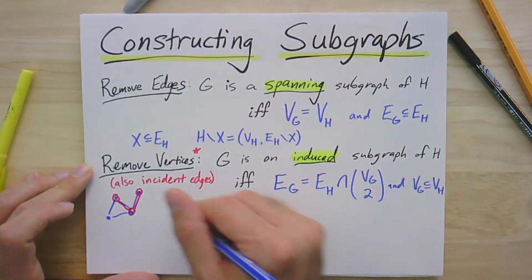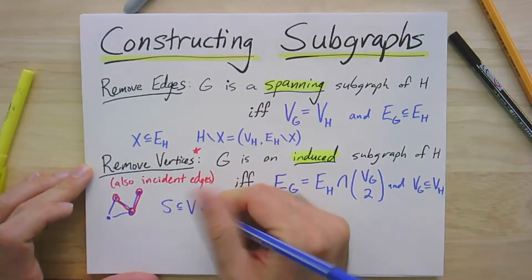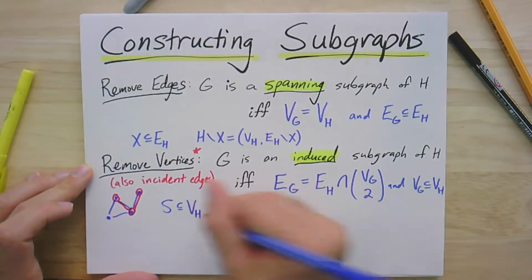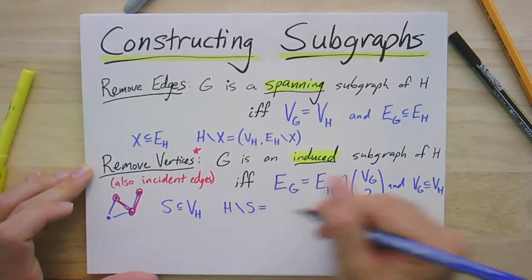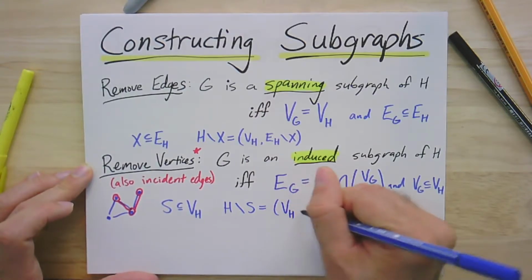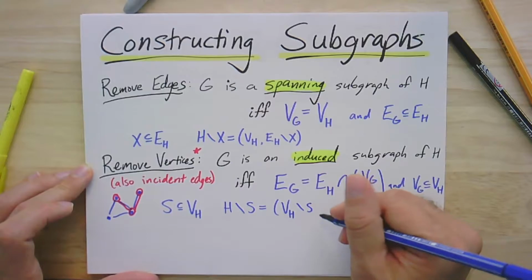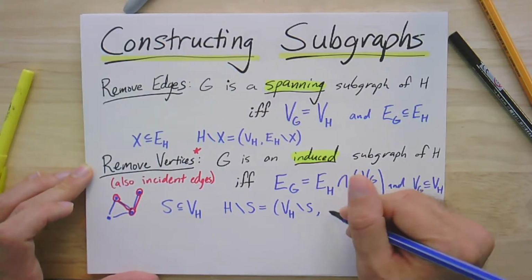Similarly, if we have some subset of vertices S of H, then if we take H minus that vertex set, what we mean is, well, we're going to have whatever the old vertices minus S, and then the edge set will be exactly what it needs to be for the induced subgraph.